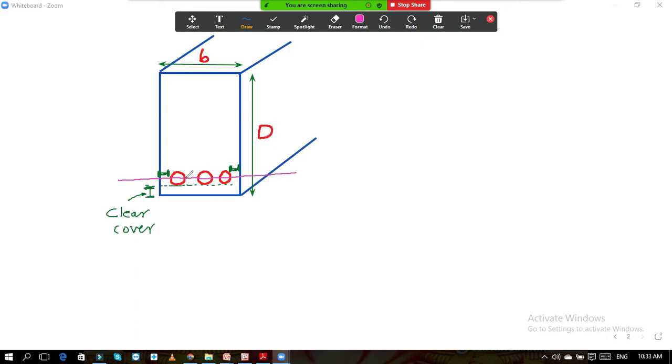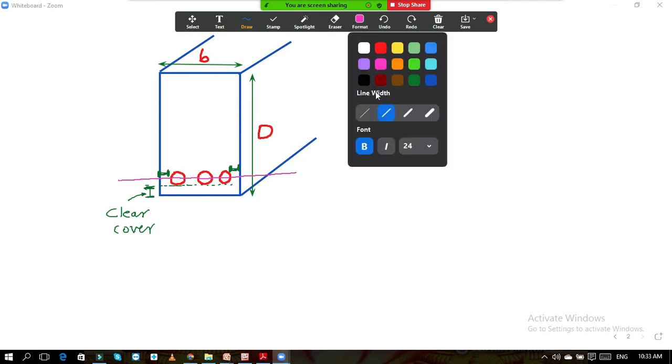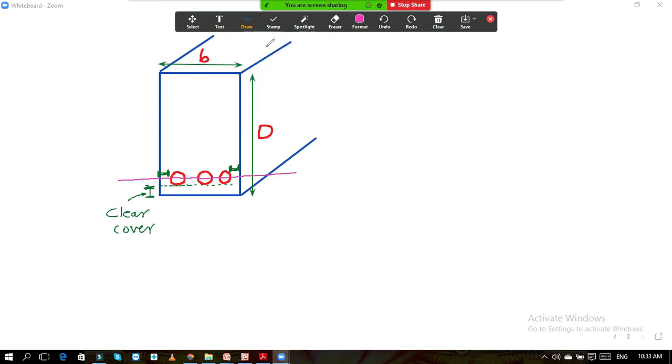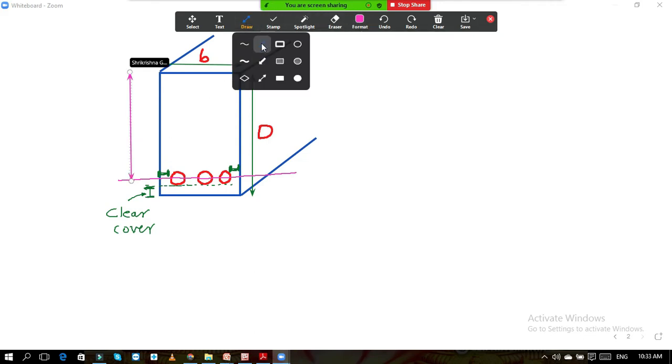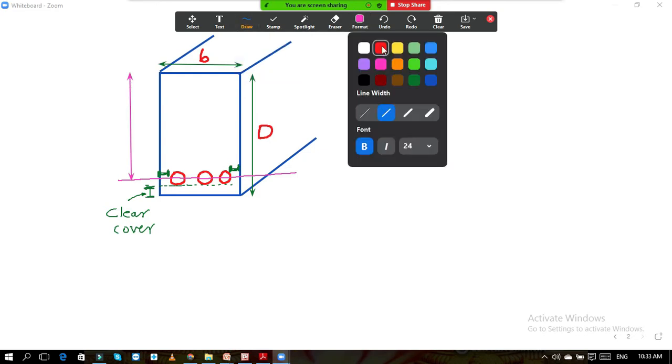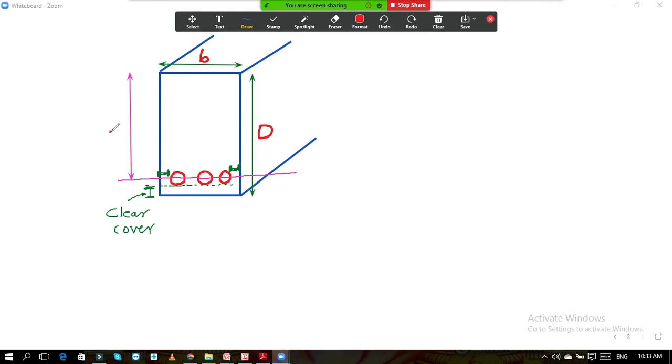Whatever is the distance from the top, remember from the compression side we are always measuring this, from the top to the center of the bar, this is our effective depth, small d.